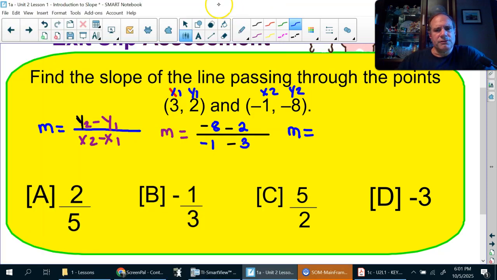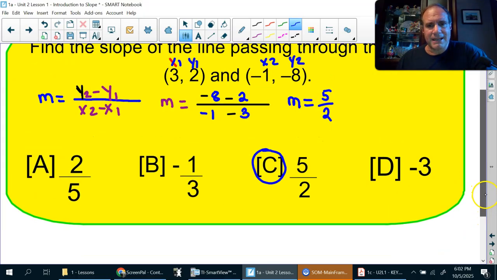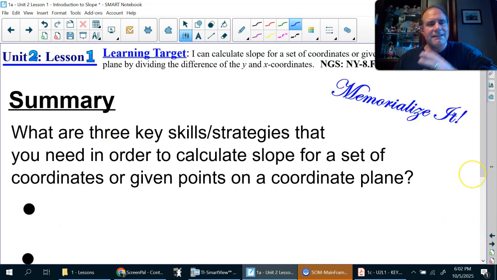That's 5/2. 5/2 is 2.5. If they have 2.5, then that's what you circle. They can't have 5/2 and 2.5 at the same time. So just circle the one that you think it is. 5/2 is your answer. And that is the end of the lesson.